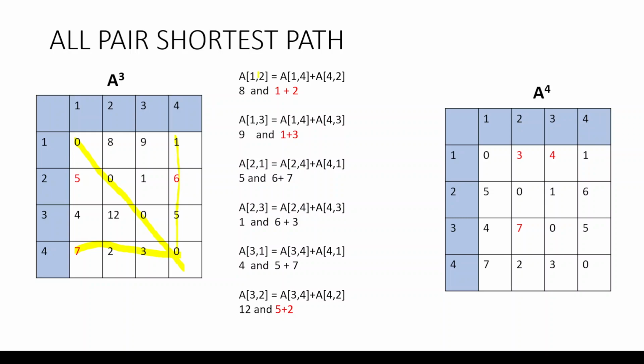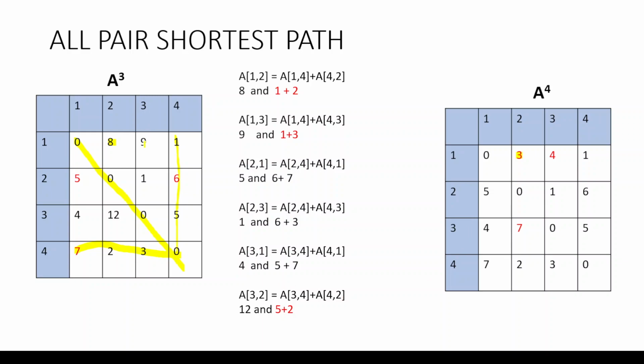That is what we are calculating here: A of 1 comma 2 versus A of 1 comma 4 plus A of 4 comma 2, with 4 being the intermediate node. 1 comma 2 is 8. 1 comma 4 is 1 and 4 comma 2 is 2. So we are comparing 8 and 3. 3 is smaller. It means that this 8 can be replaced with a shorter distance if we move through vertex 4. So 8 is replaced with 3.